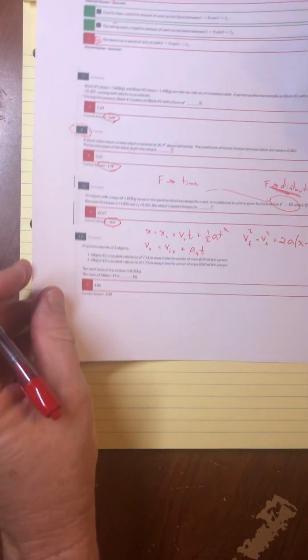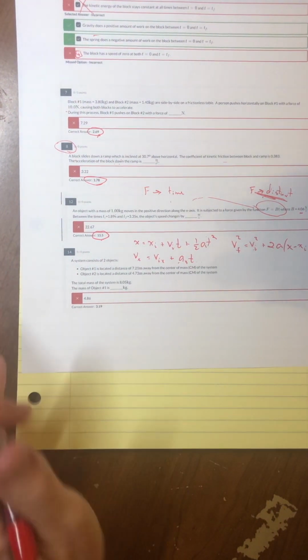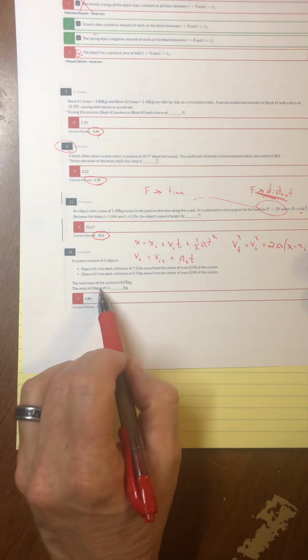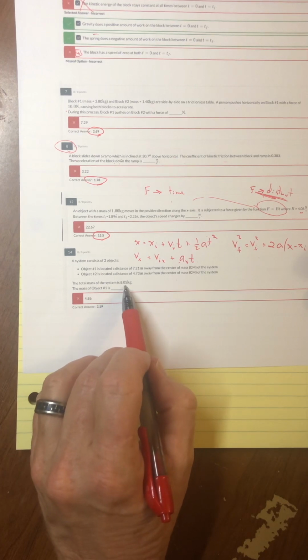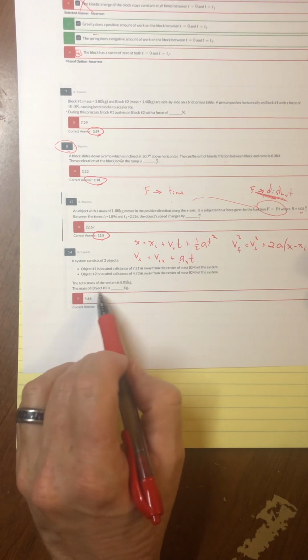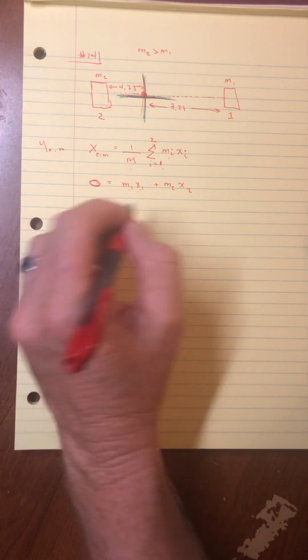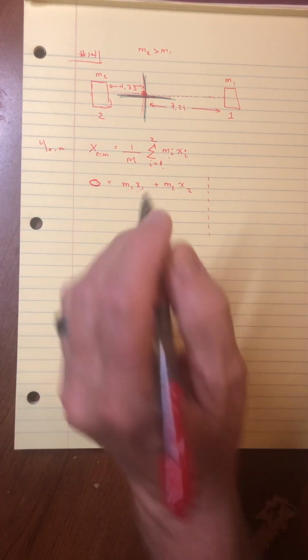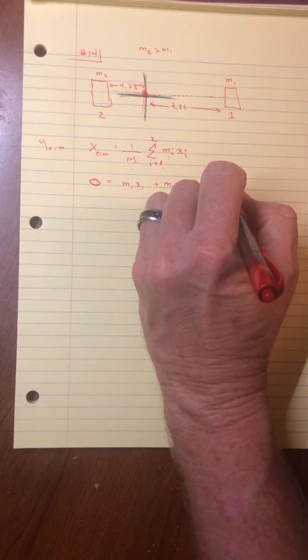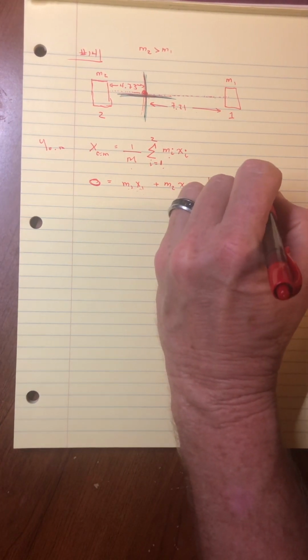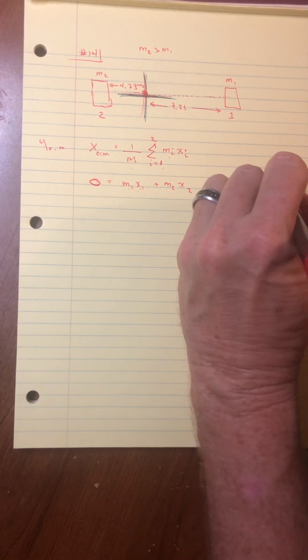So let me come back here and finally get to the question. The total mass of the system is 8.05. What is the mass of object 1? Okay, so I'm going to put a little dotted line because that last part just gave me important information, that M1 plus M2, the total mass, was 8.05.